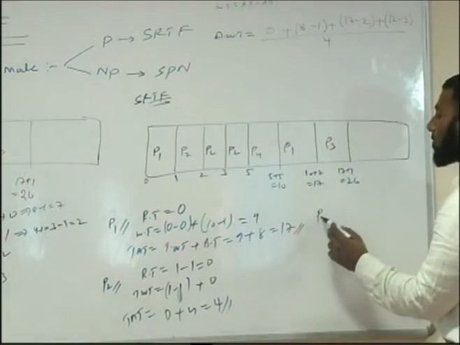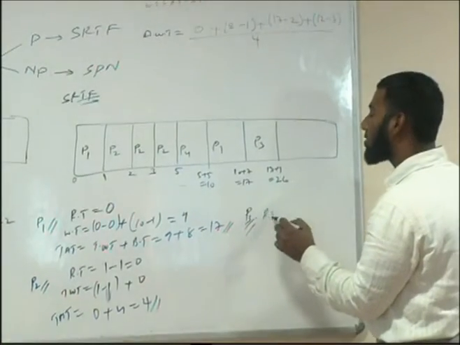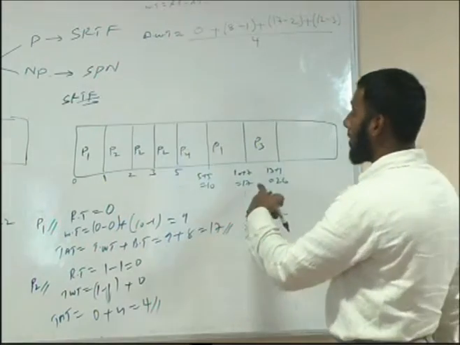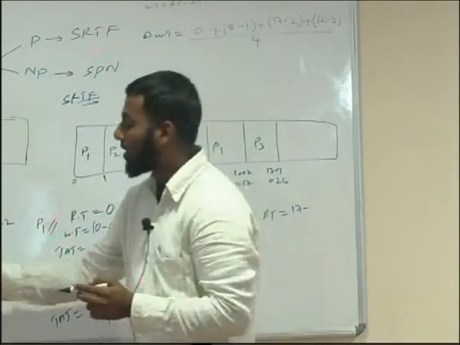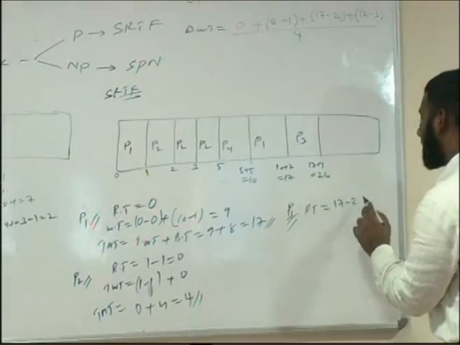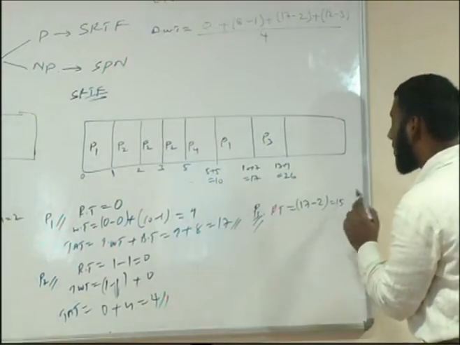Now let's calculate for process P3. Response time for process P3 is 17 minus 2, when it was submitted at time 2. So 15 is the response time.